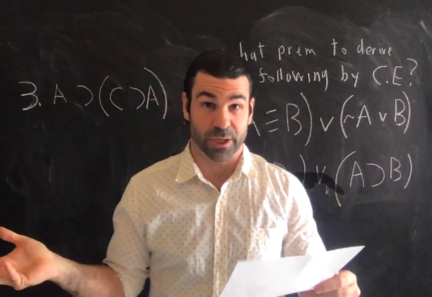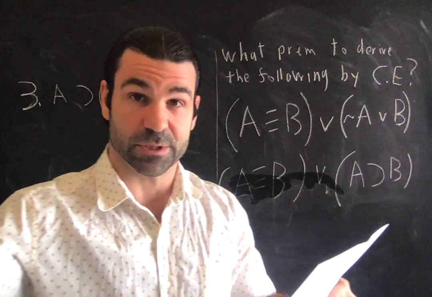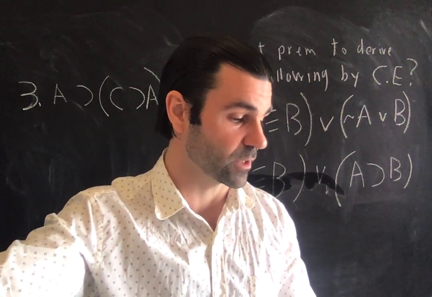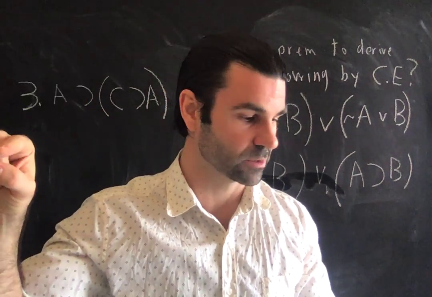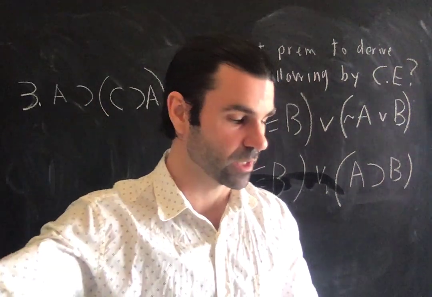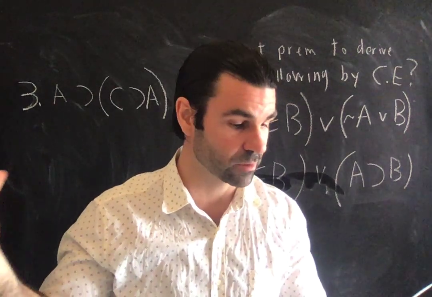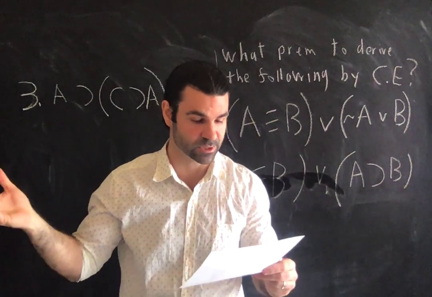You should all be able to recognize this, I hope, as a very simple disjunctive syllogism, right? So to justify, you just write D.S. 1, 2, right? You've got to be able to recognize that premise 1 is a disjunction, the major operator is a disjunction.